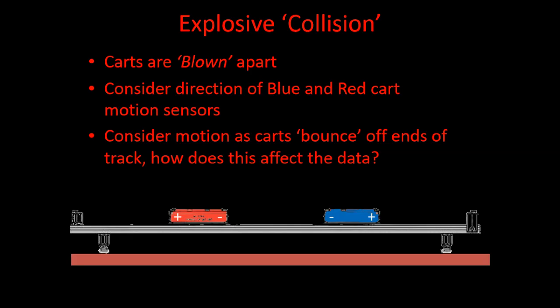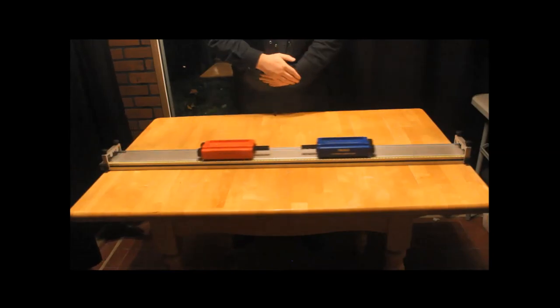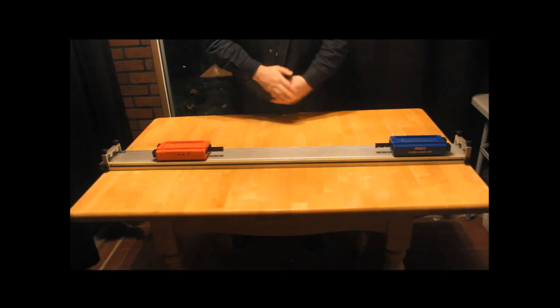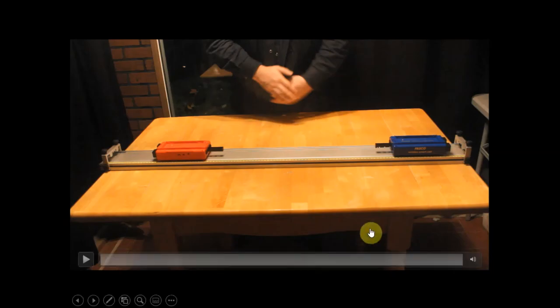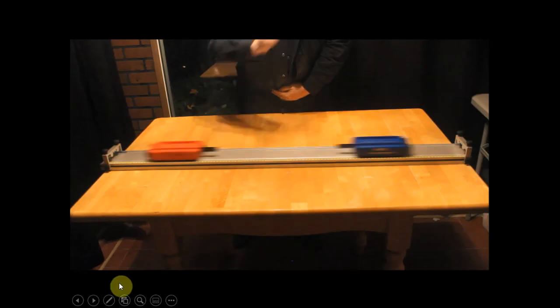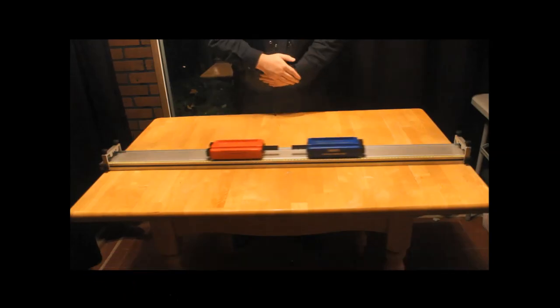So be careful how you interpret your data set. By pressing the plunger, the two plungers release, and as you can see, the carts move, bounce off the ends of the track, and then once again bounce off one another. All we really care about in this particular case is that initial case where the plunger is released and the two carts move away from one another.